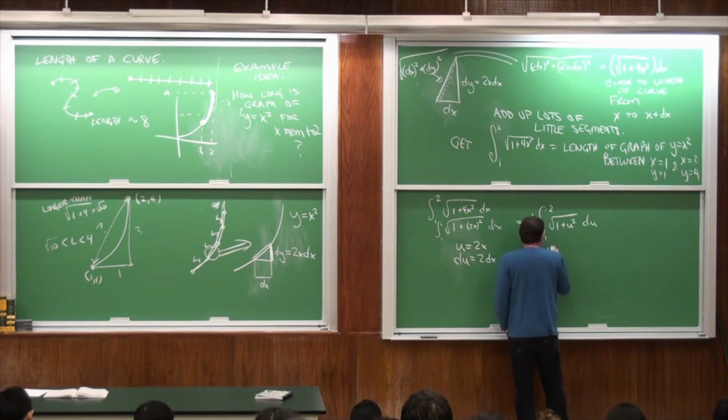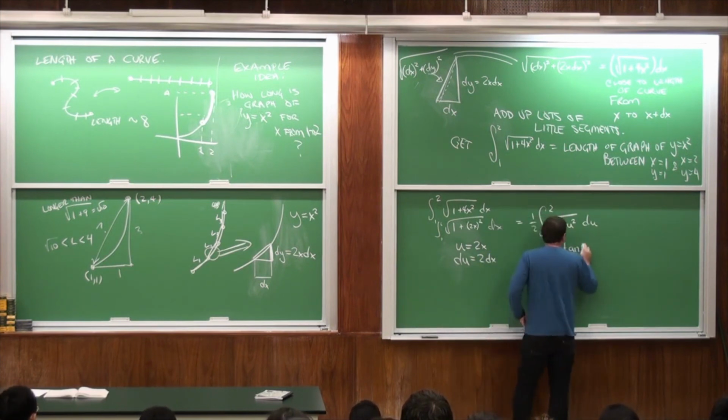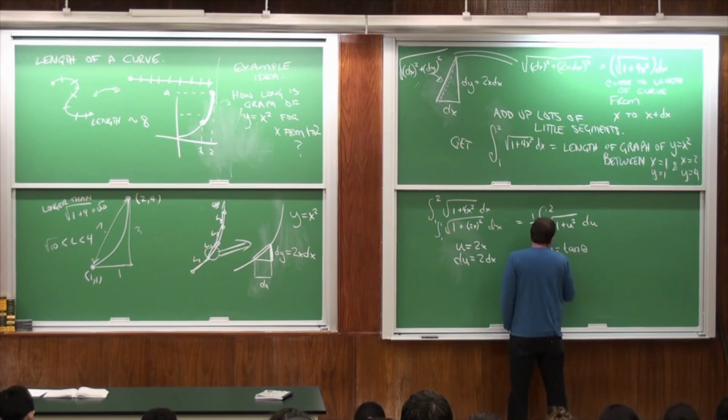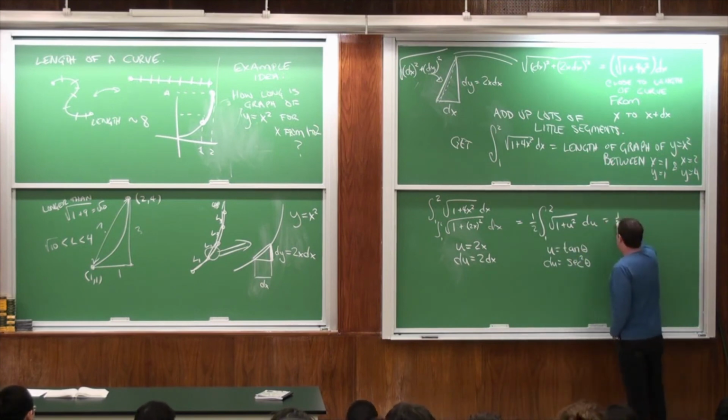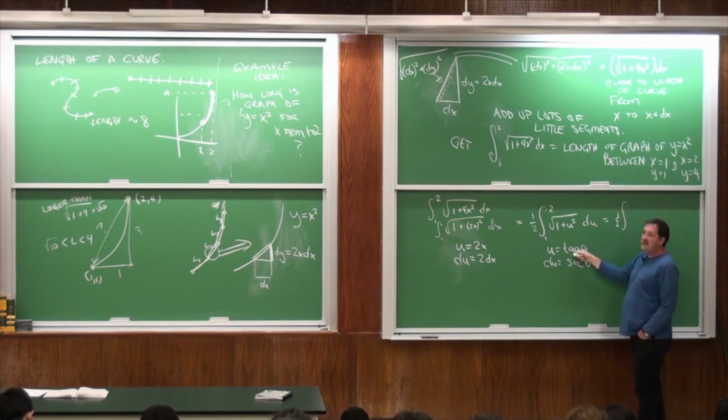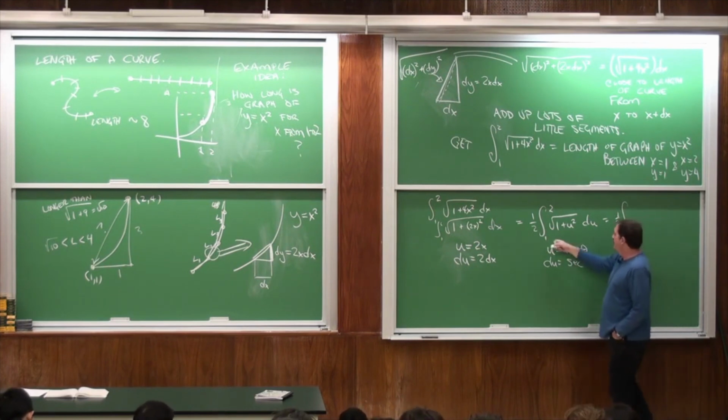du is 2dx. So this becomes 1/2, integral from 1 to 2, square root of 1 plus u squared du. Now I make the substitution u is the tangent of theta, so du is the secant squared of theta.